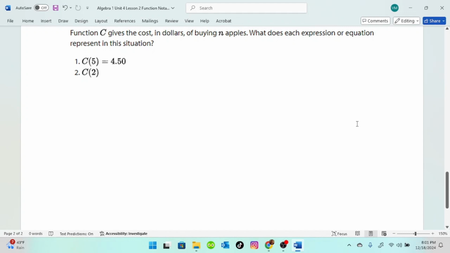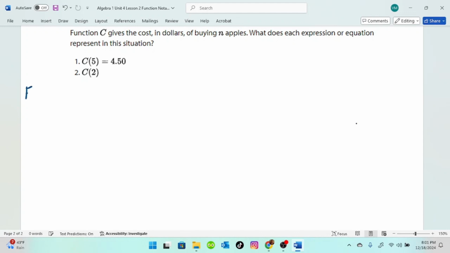Our last practice problem: function C gives the cost in dollars of buying n apples. What does each expression or equation represent in this situation? So we have some new wording here.